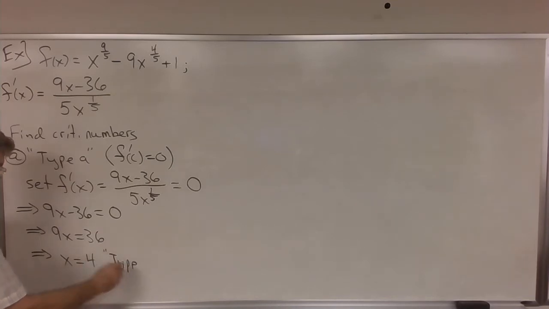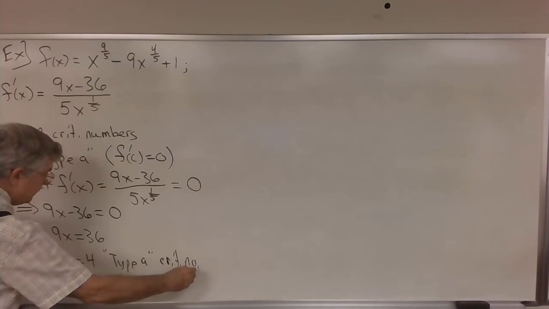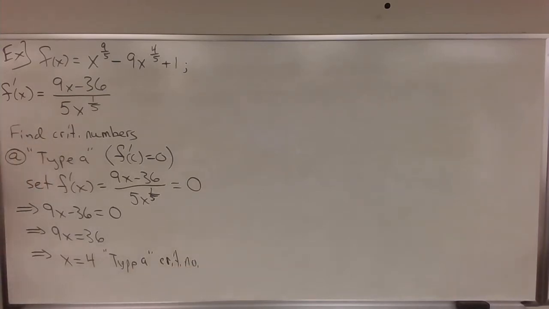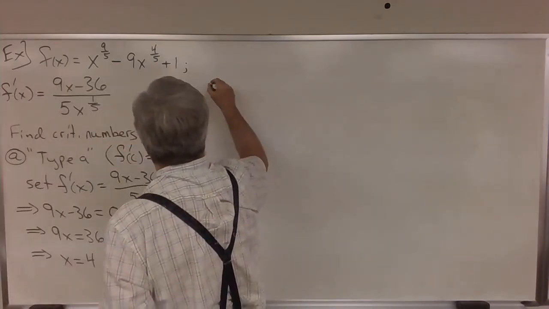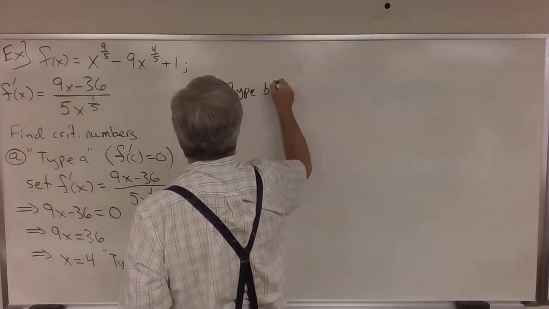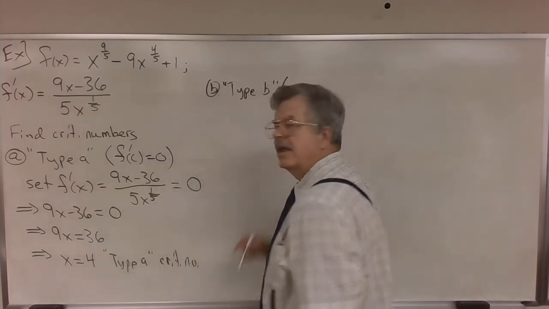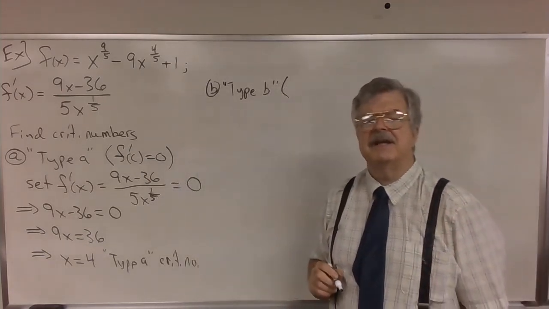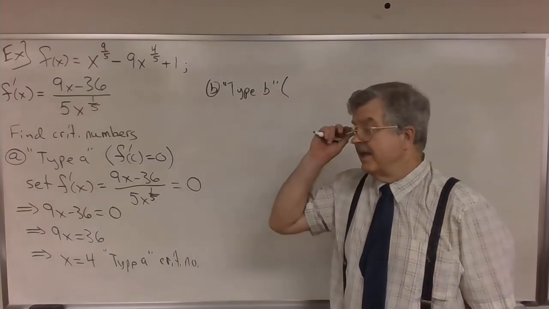So we have a type A critical number, x equals 4. Now we need to look for type B. And what is the identifying characteristic of a type B critical number?